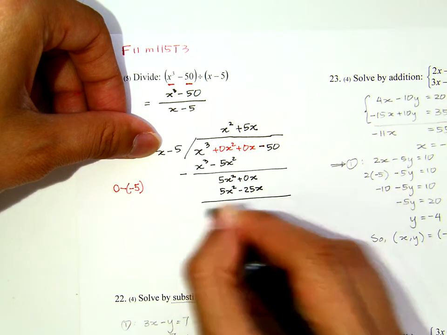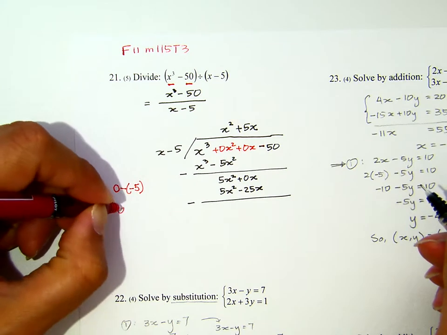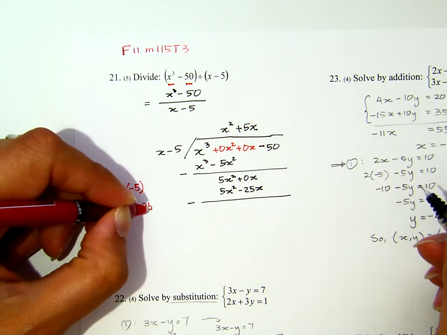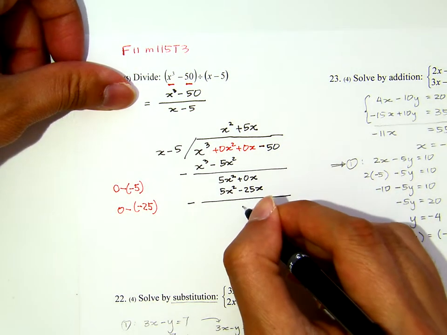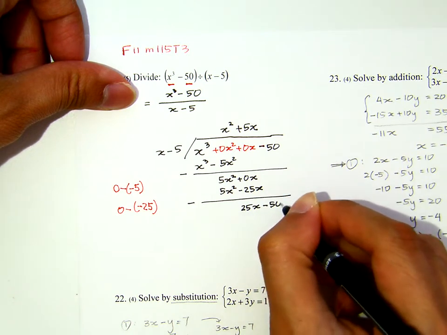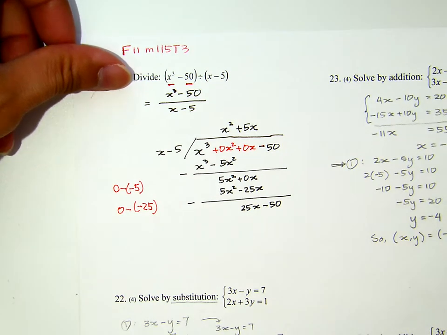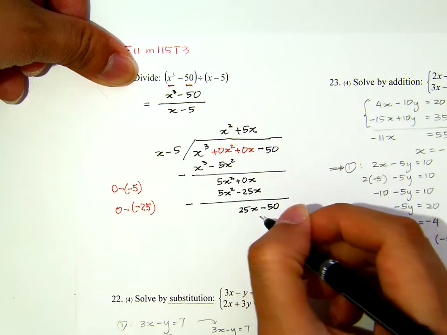I'll subtract again, right? And just like before, 0 minus negative 25 is positive 25. So here this will be positive 25x minus 50. Okay. Now, x times what gives me 25x?